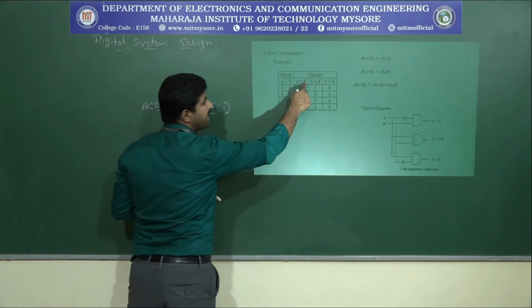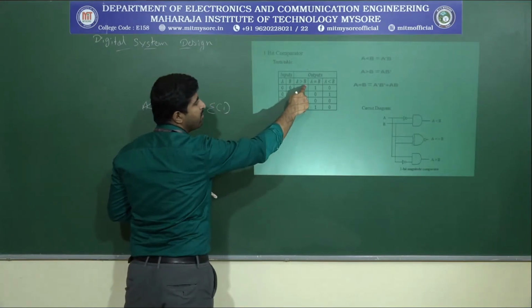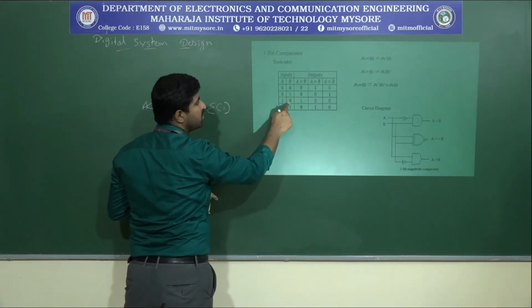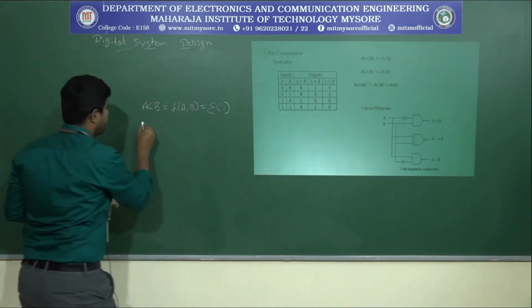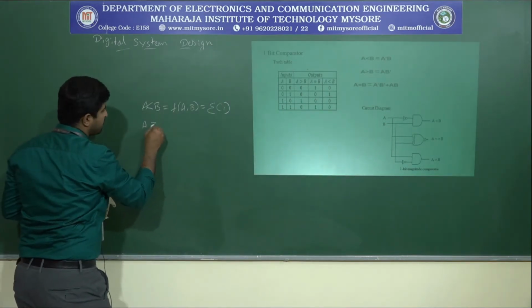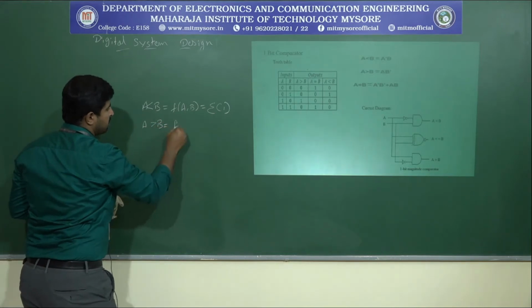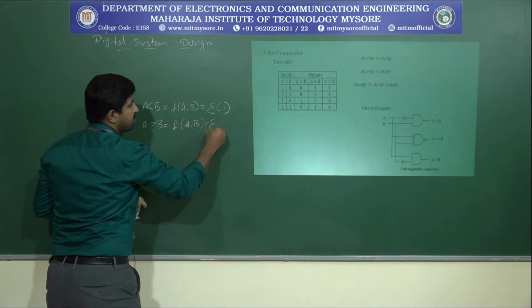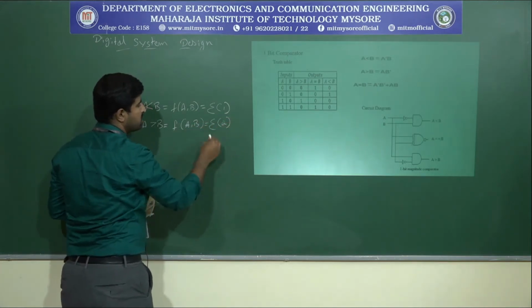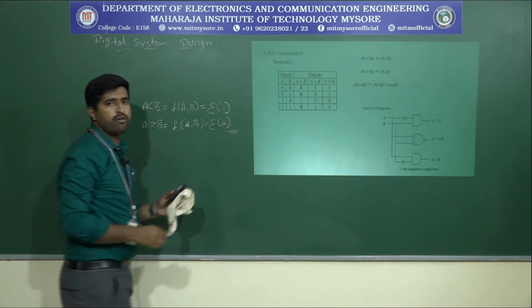Next, let's take A greater than B. When will A greater than B be generated? When the input is 1, 0. That means A B bar. If you represent that in sigma notation, it is summation of 2. So this was the decimal form.